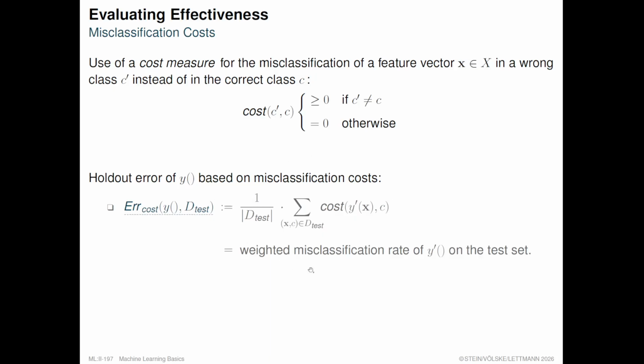So this is the average cost, which can be in euros, for example, for the problem that we caused. And of course, if we have the correct class, which is why we have two values included in the cost function, then we are not penalizing this, so there's no cost there.